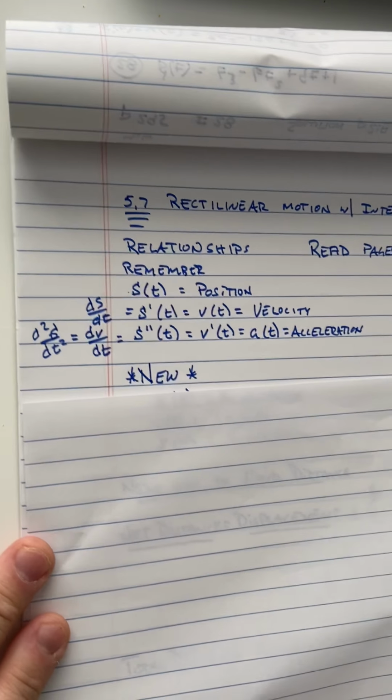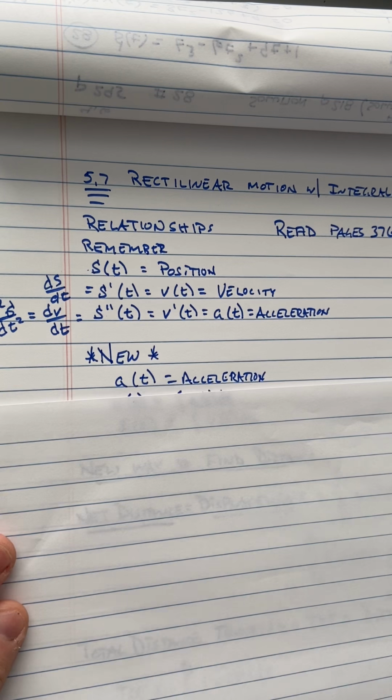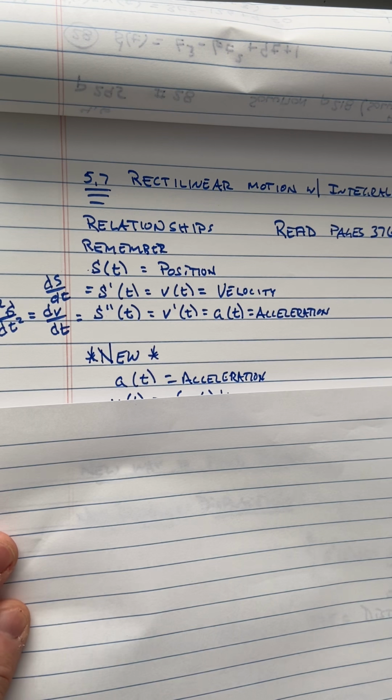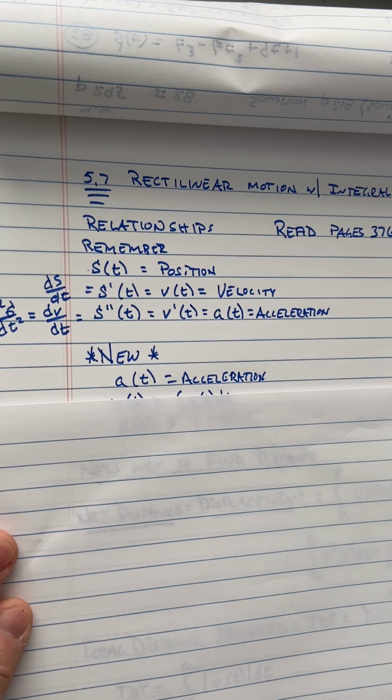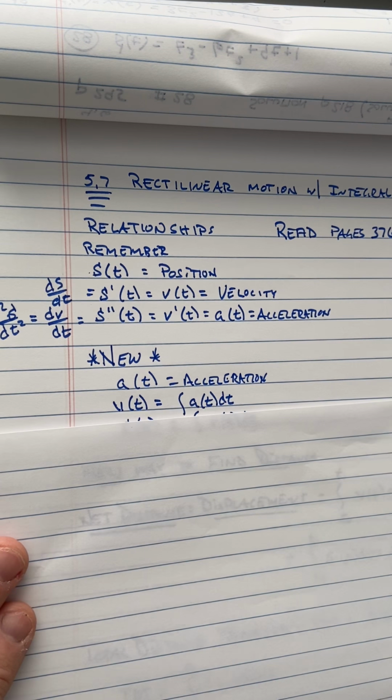The new stuff is start with the acceleration. One antiderivative away from the acceleration is the velocity. What do you think one antiderivative of the velocity is going to be? That's right. The position is one antiderivative away from the velocity.